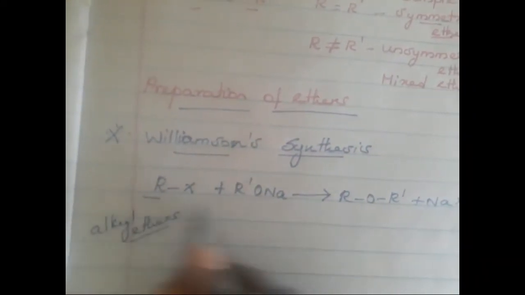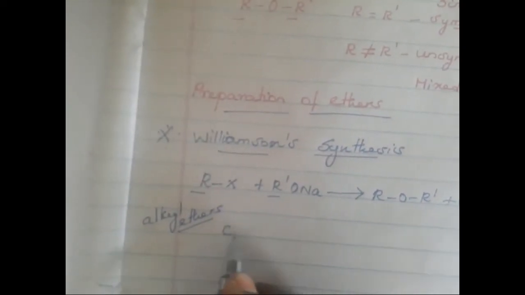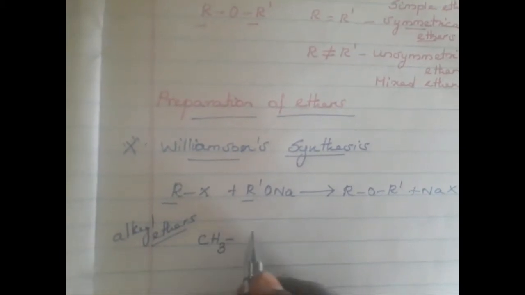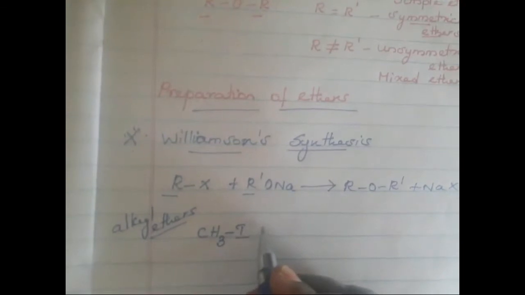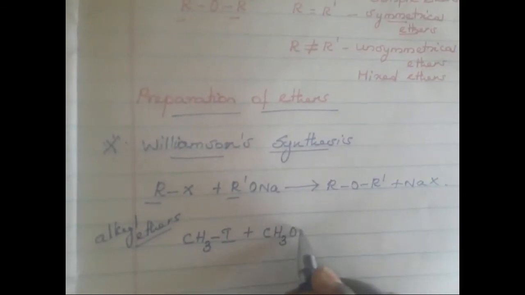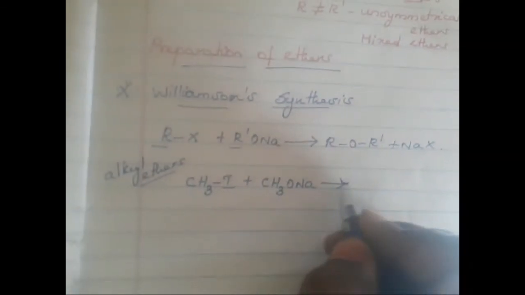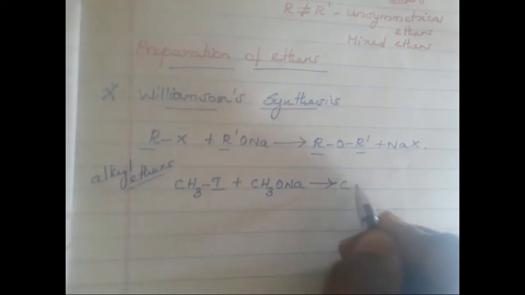Now let us replace this R and R' by a methyl group. So CH3, I am going to replace X with iodine. So I have taken iodomethane, which is treated with sodium methoxide. So instead of R and R', replace with methyl group.